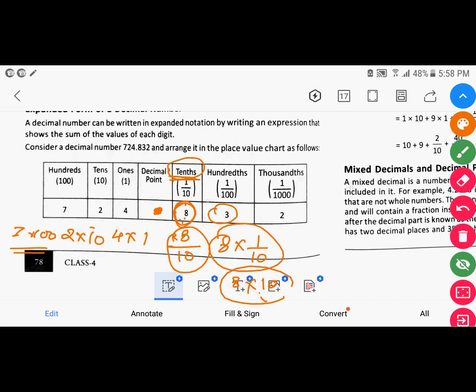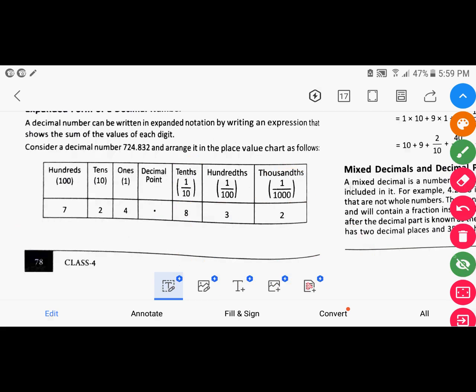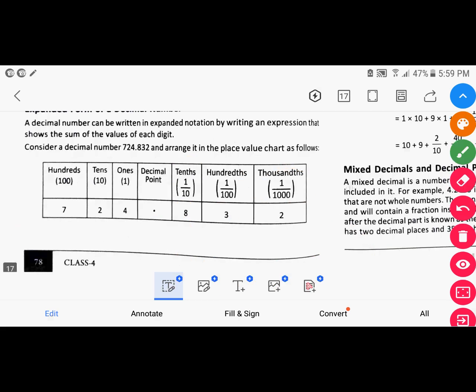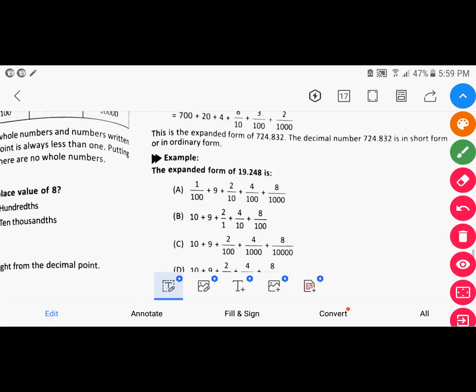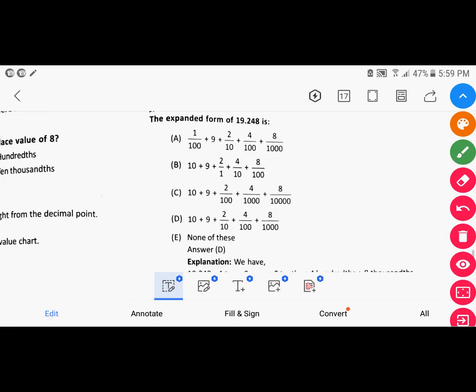Now this 3, the second digit from the decimal point, is at the hundredths position, meaning 1 upon 100. If 100 parts are there, we take 3 parts out of it. So 3 multiplied by 1/100. And the third digit is at the thousandths position, meaning 1000 parts are there and we take that many out of those 1000 parts. The things are like this only.